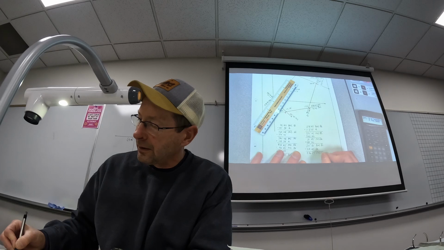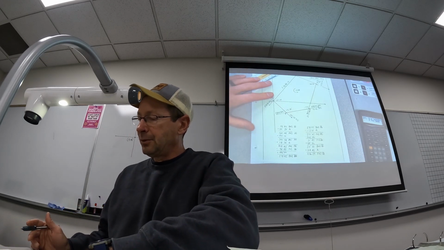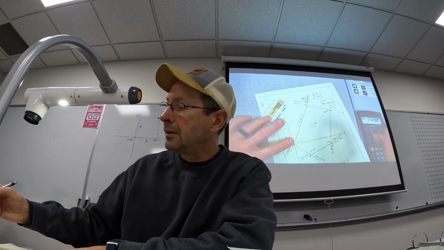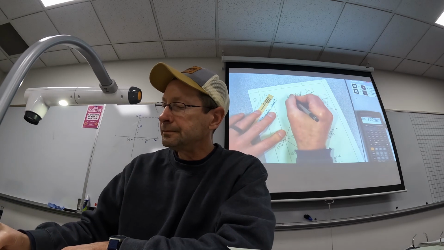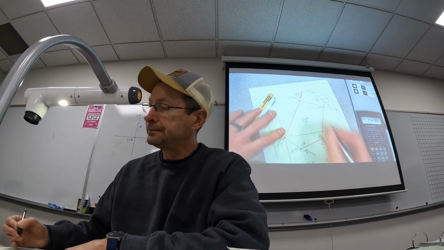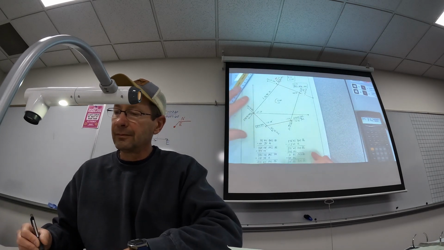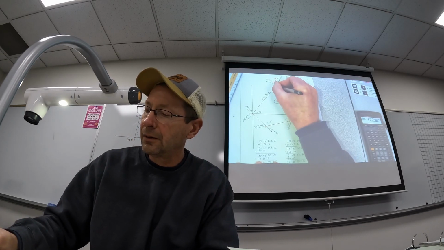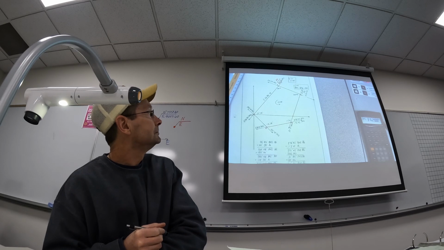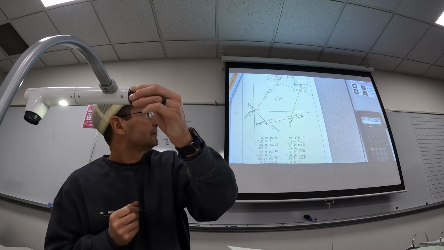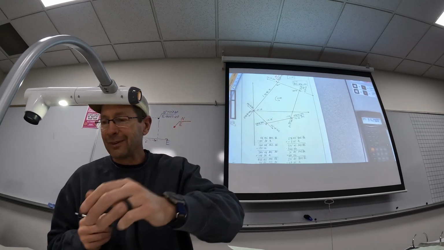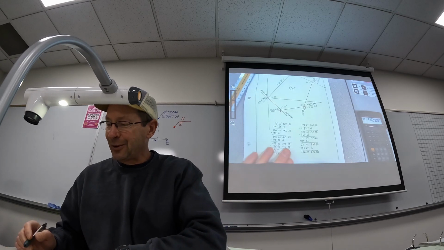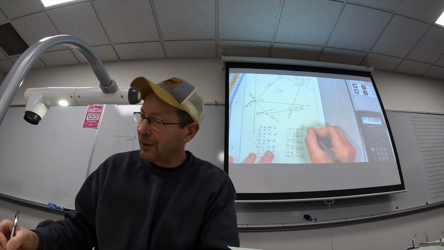C to B. 316.29. That's as zoomed out as I can go here. So 316.29, let's bring this up here.